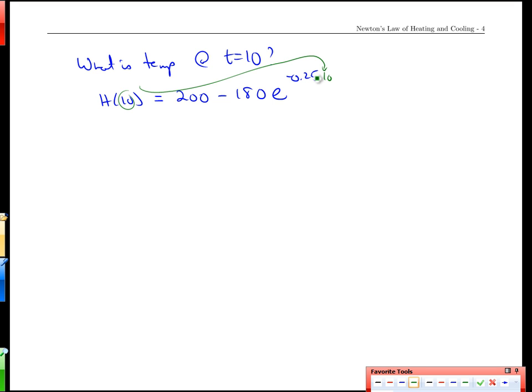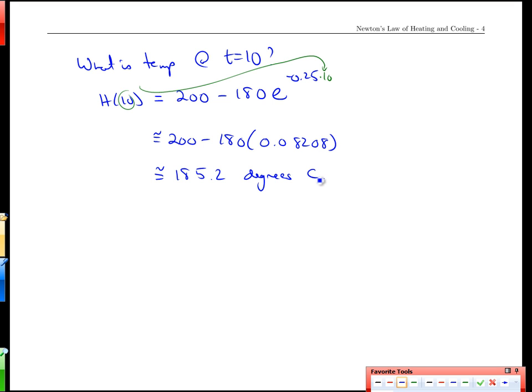If we plug that in, we can do a quick calculation, and we're going to get 200 minus 180 times a number that's around 0.08208. That's an approximation already, and if we simplify that a bit, we'll be at 185.2 degrees Celsius.